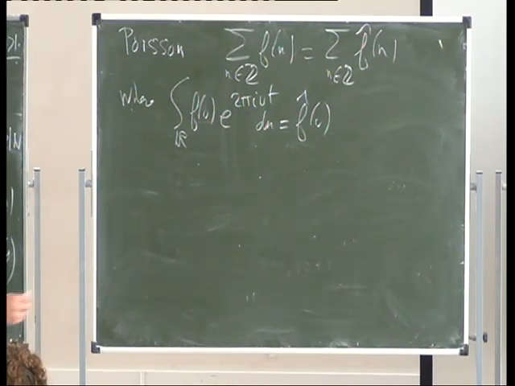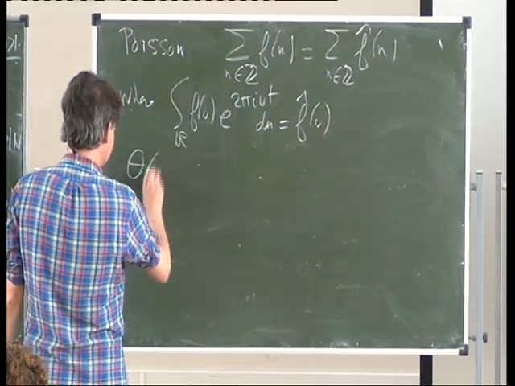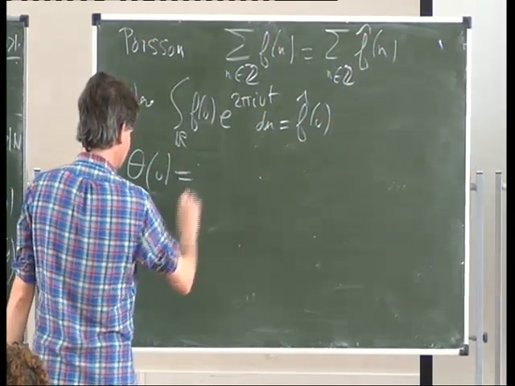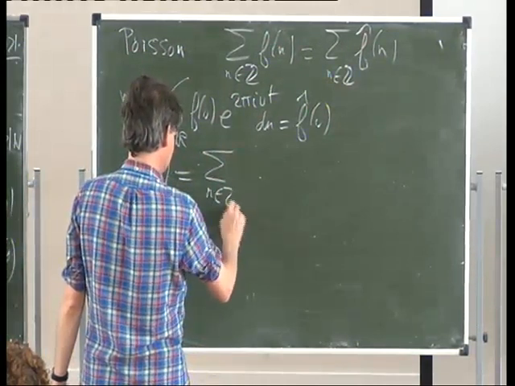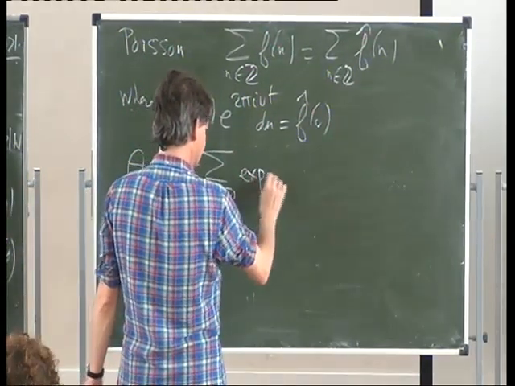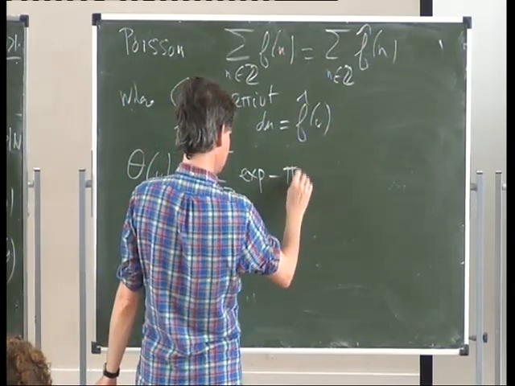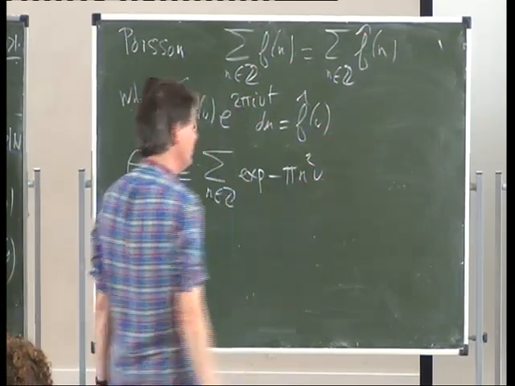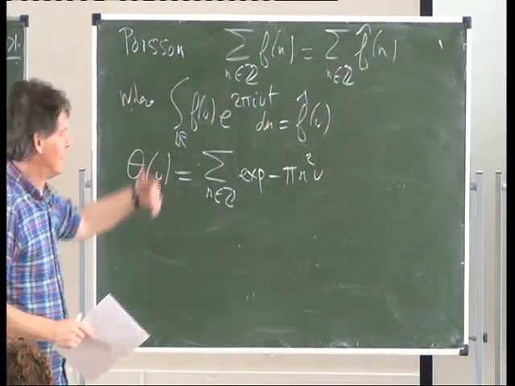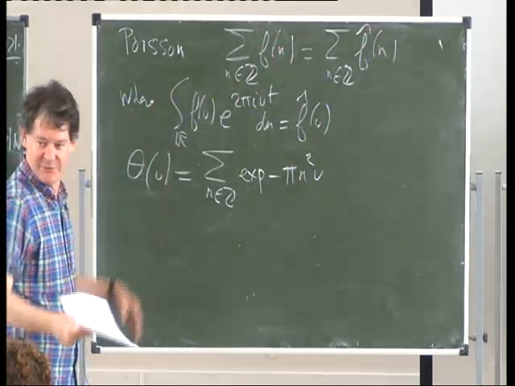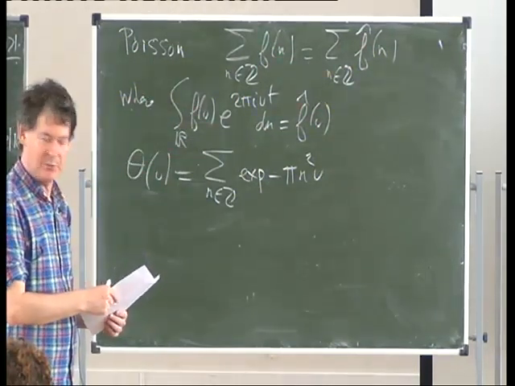So if you apply this, I define the theta function as the sum over n in Z of exponential of minus pi n squared u. So it's clear that the exponential minus is something that decreases sufficiently quickly, so you can apply the Poisson formula.